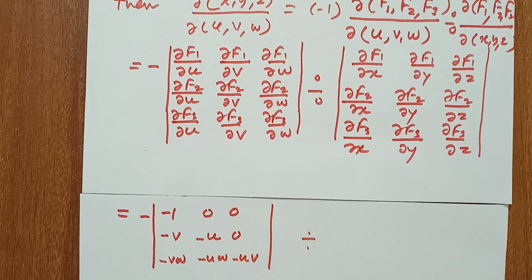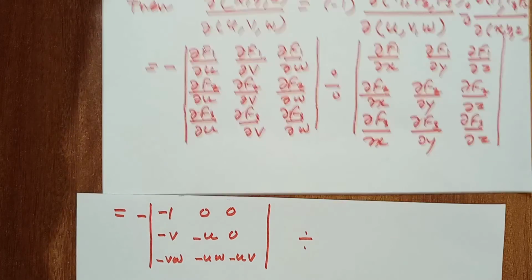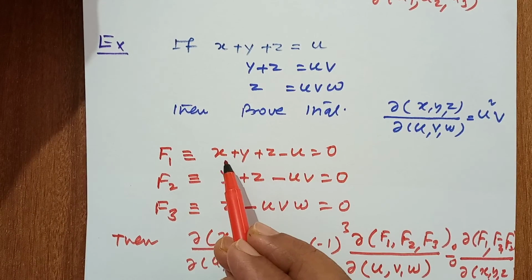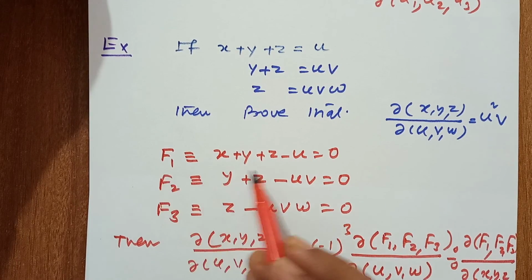Divided by the determinant with ∂f1/∂x, which is 1, ∂f1/∂y is 1, ∂f1/∂z is 1.